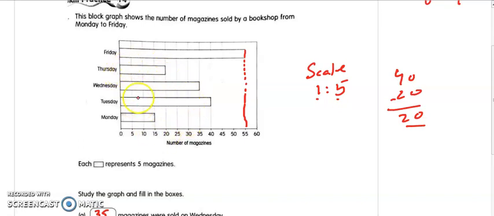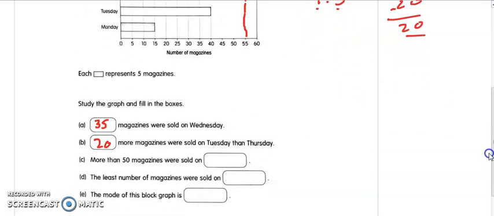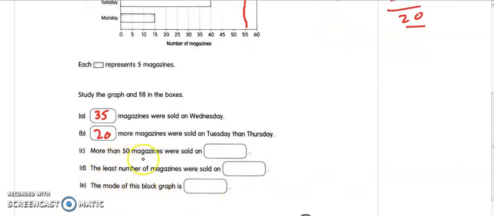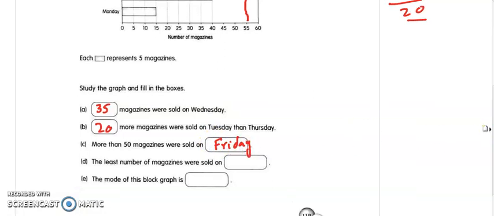All these days are less than 50 except Friday. Friday is 55, which means it is more than 50. So we have to mention the name of the day on which more than 50 magazines were sold. More than 50 magazines were sold on Friday.